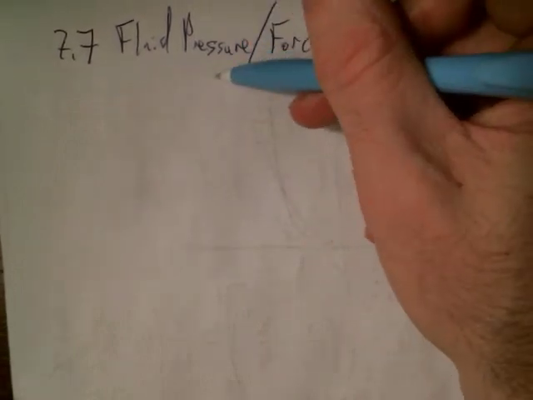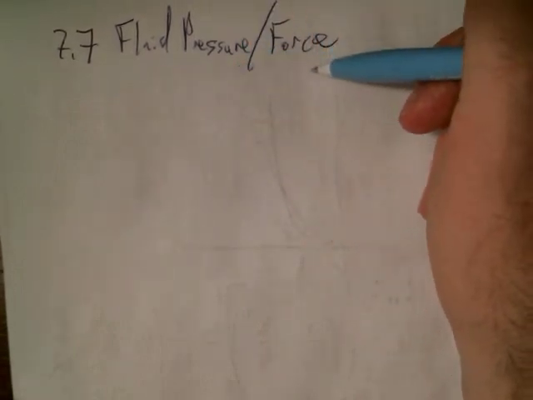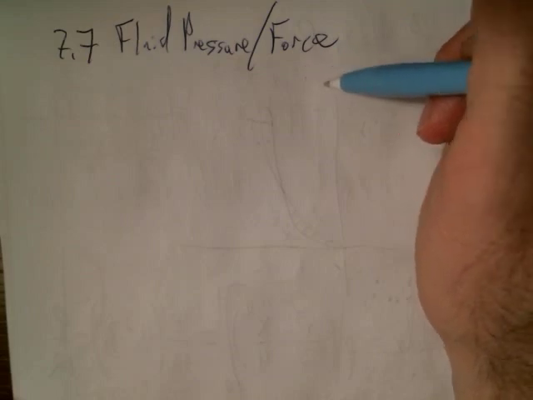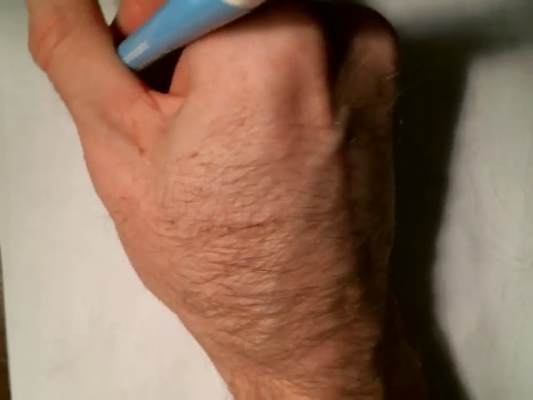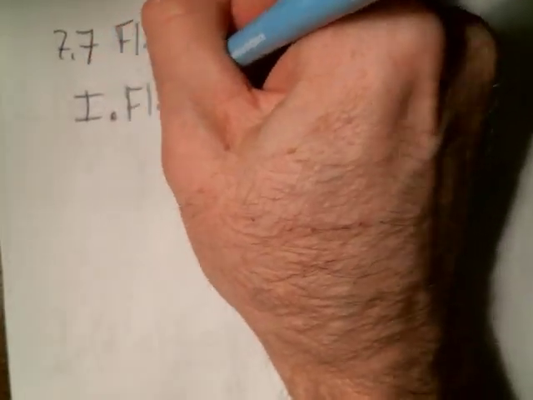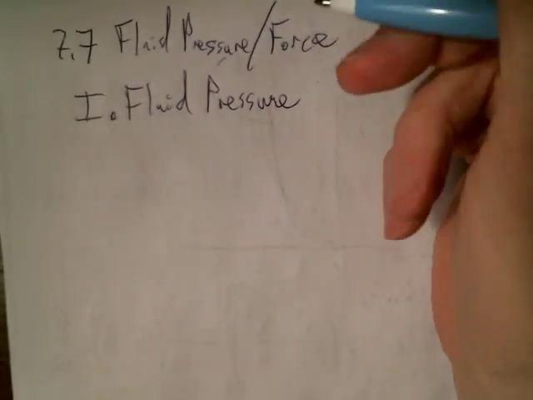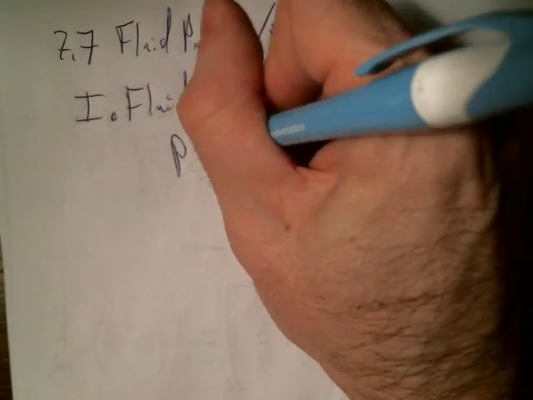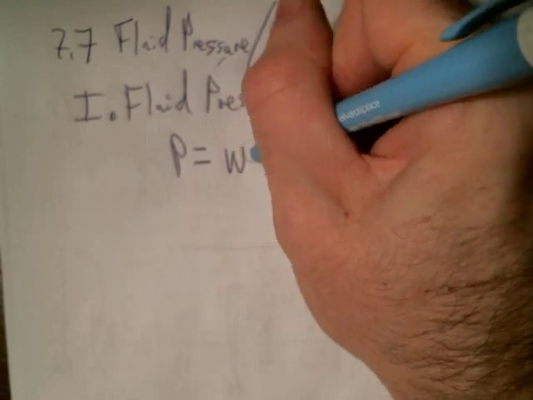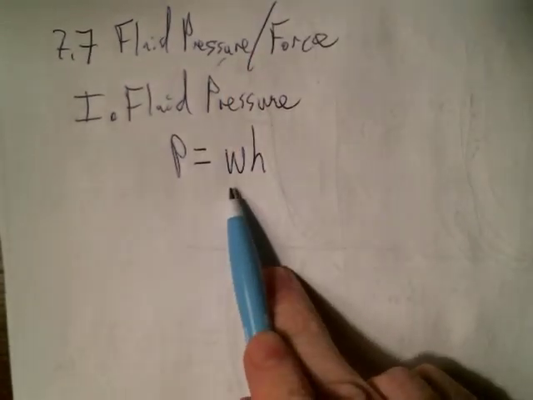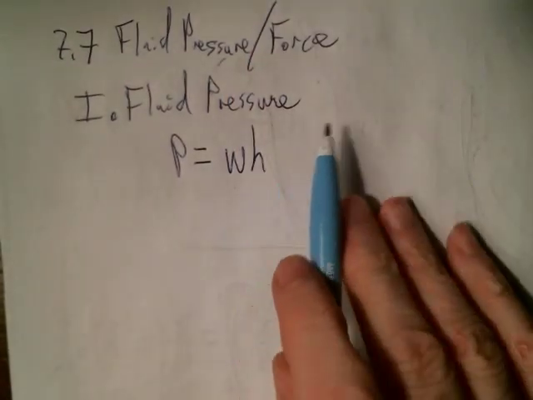So pressure is part of force. In order to have a formula for force, we need to have a formula for pressure. So let's start out with the fluid pressure. In particular, it's P equals W times H, where this W is another one of these weight density constants.